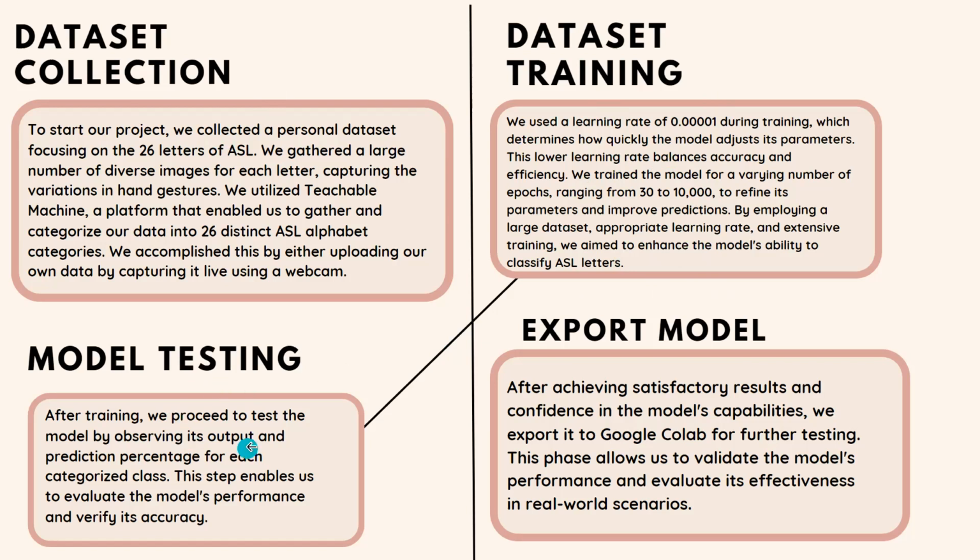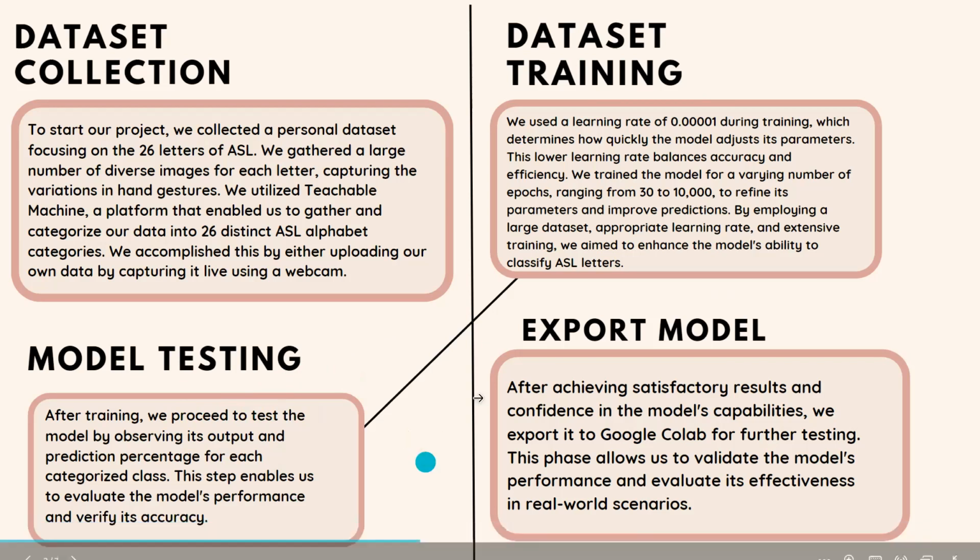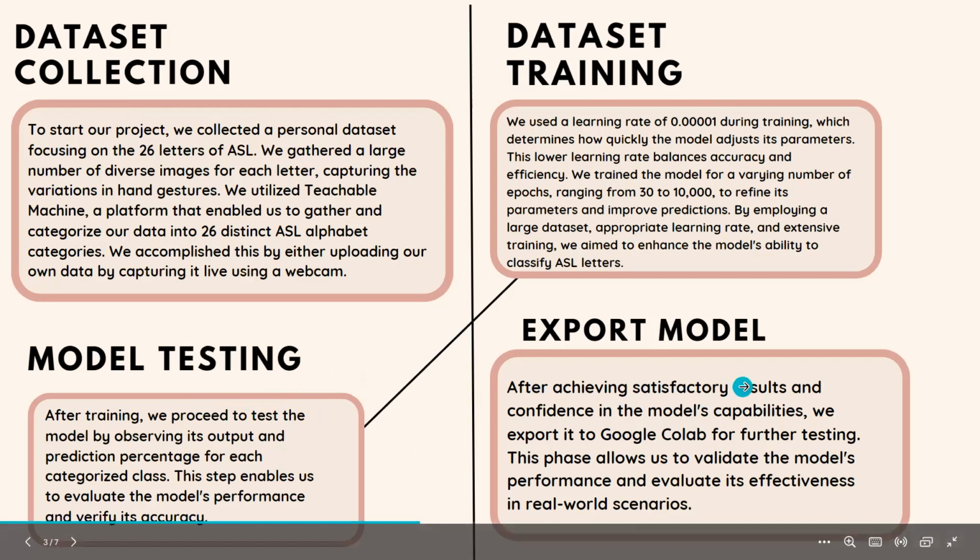Following the training phase, we did the model testing on the Teachable Machine platform itself. So we move on to testing the model by examining its output and prediction percentage for each categorized class. This step allows us to assess the model's performance, ensuring its accuracy and also its reliability. Once we find its accuracy is higher than 70%, we will then move to exporting the model.